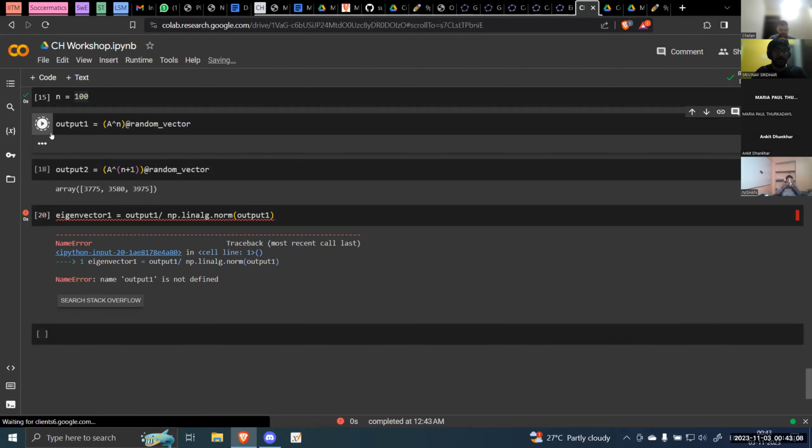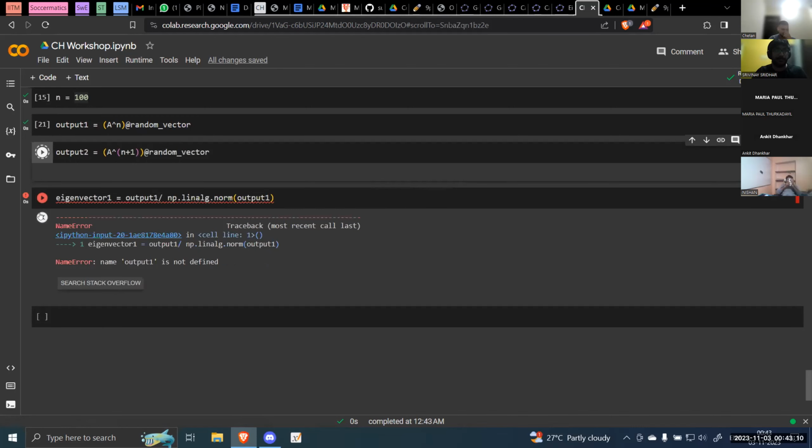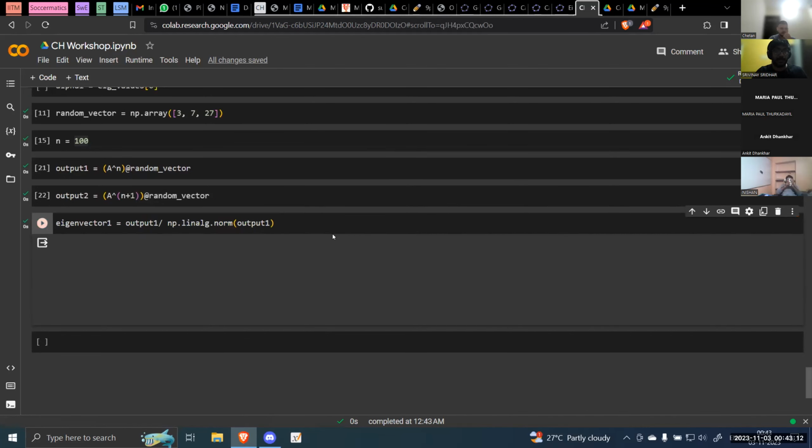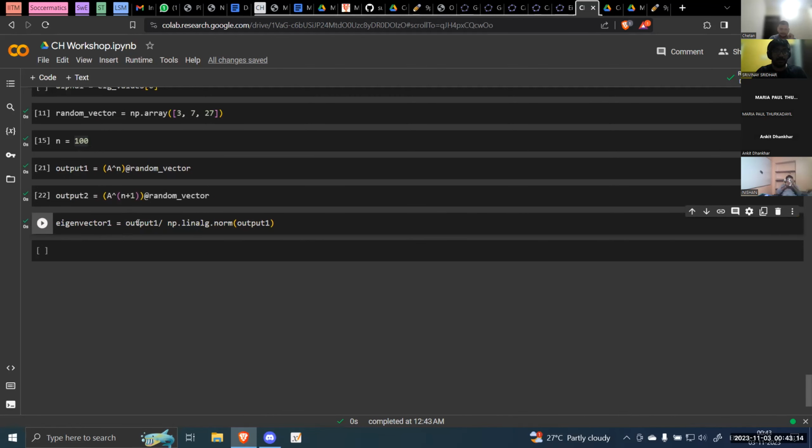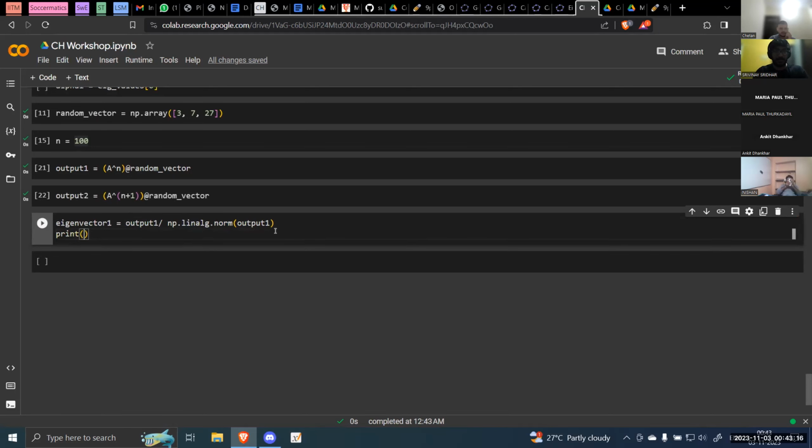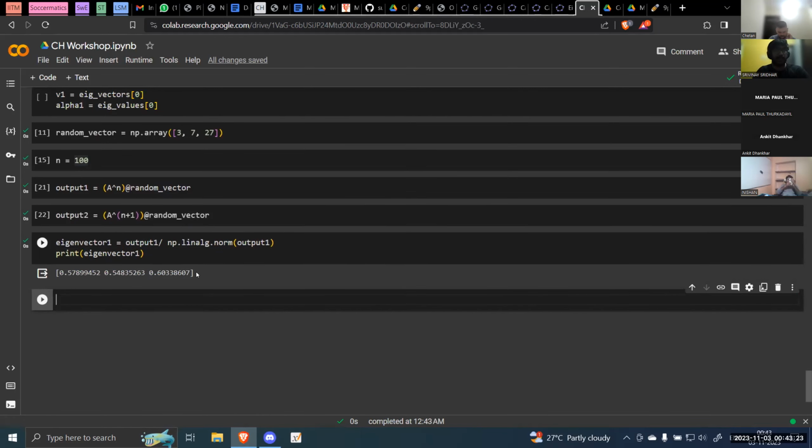Output 1 is not directly usable; maybe it will convert that to the norm of that instead of the output. So this is the first eigenvector.